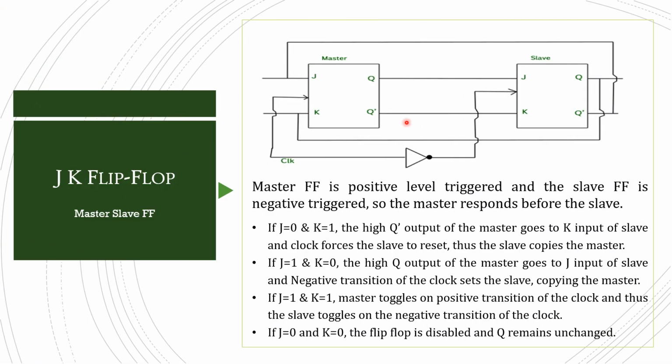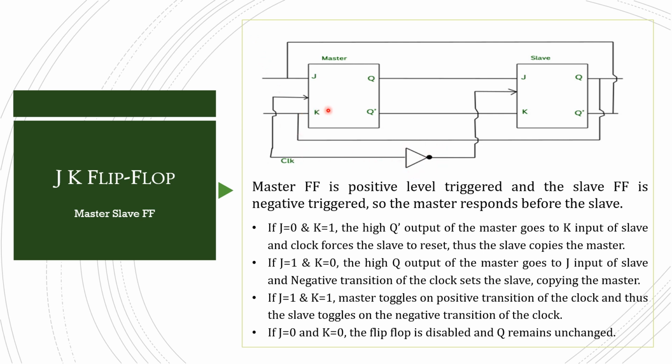As we said, this master-slave flip-flop has two flip-flops, master and slave. The output from the master JK flip-flop is connected as the input of the slave flip-flop, and the output from the slave is connected as the feedback path to the master. Also, we place one inverter on the clock line.